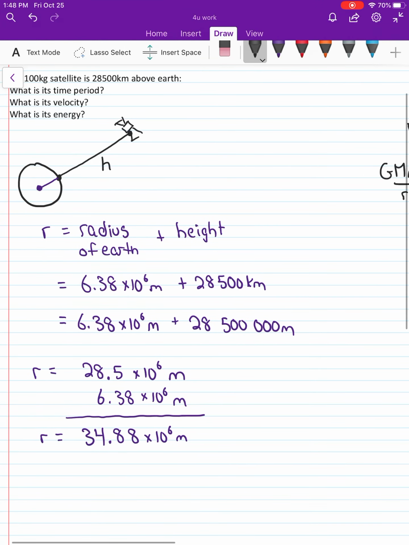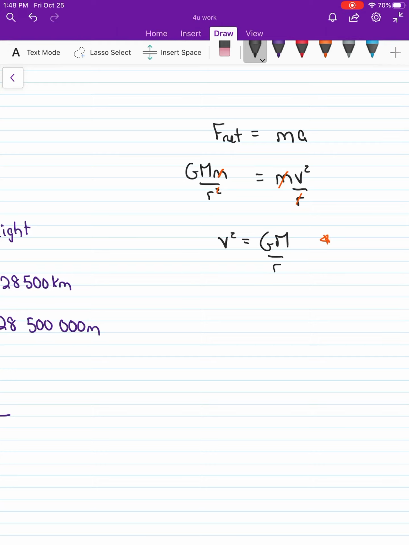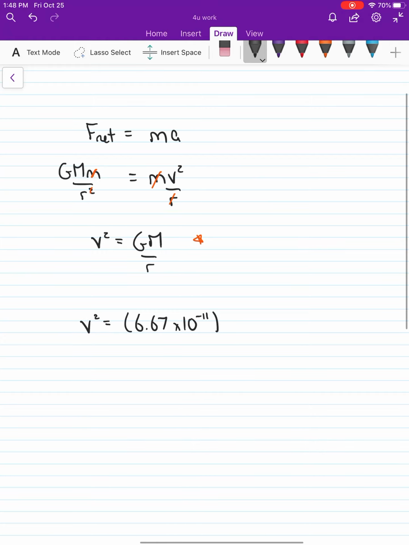For this particular question, that was one of the things we were asked for, the speed of the satellite given its mass and how high it is. So we've already got enough that we can figure out the speed. v squared equals, instead of G, 6.67 times 10 to the negative 11. The mass in this case is Earth, 5.98 times 10 to the 24 when we're in kilograms.